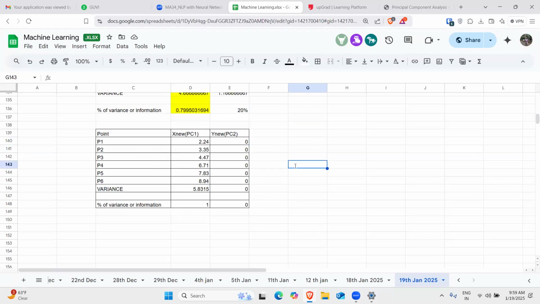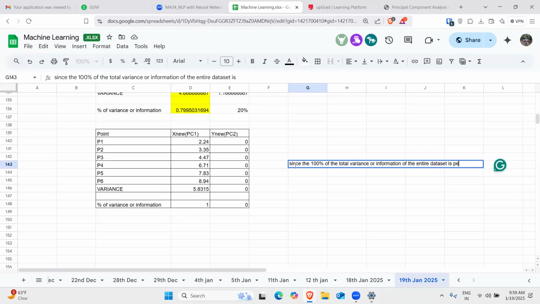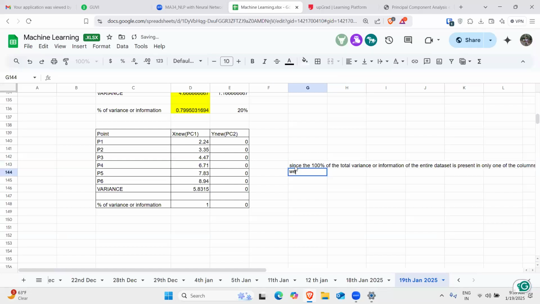So since 100% of the total variance, or information, of the entire data set is present in only one of the columns, that is PC1, when we convert into principal components, we can safely drop another column, that is PC2, and still be assured of what?